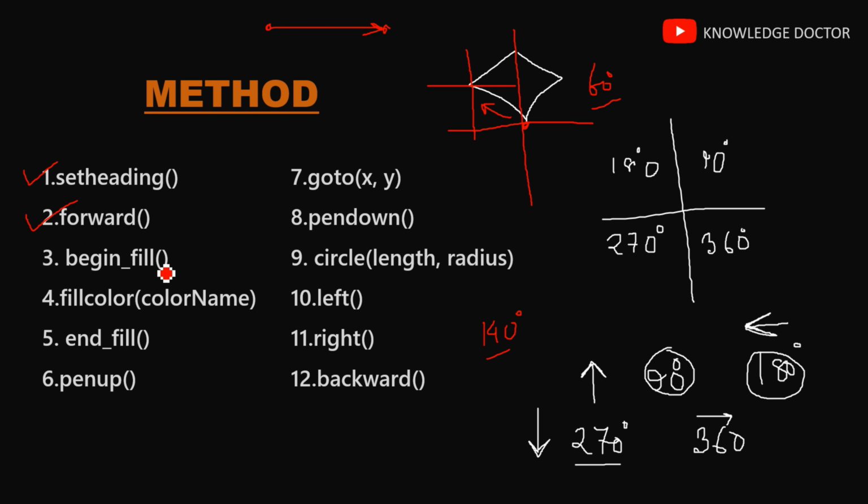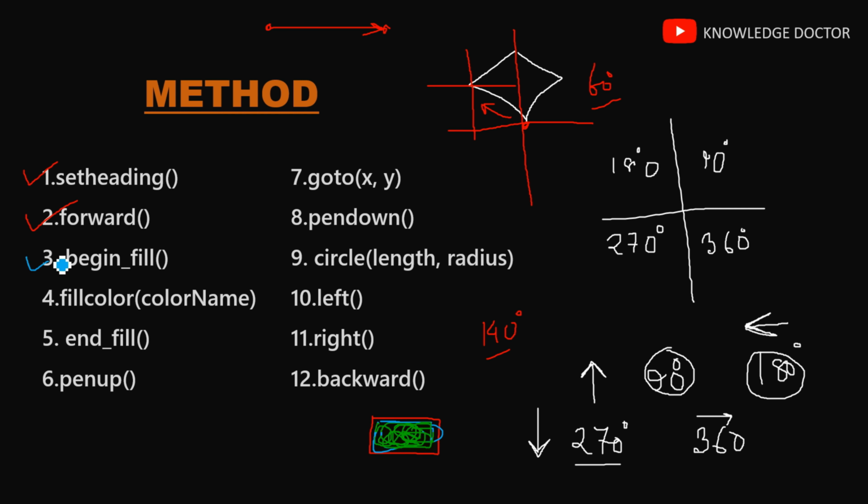Now the third one is called begin fill. It helps us to fill with color. That means, for example, how do you create one rectangle? Let's say this is the rectangle here, and we are trying to fill this with some color. Let's choose this one. So how do you fill it with this color? You use begin fill to initialize the filling.